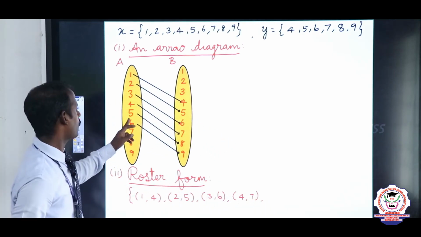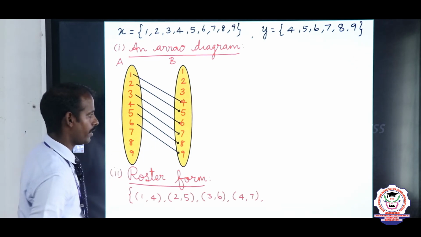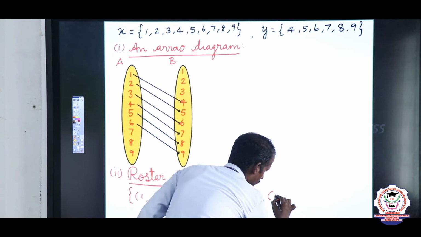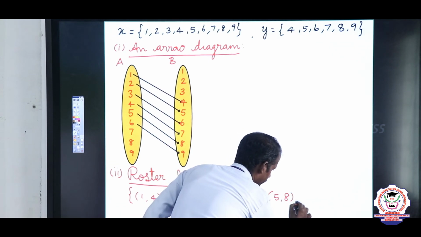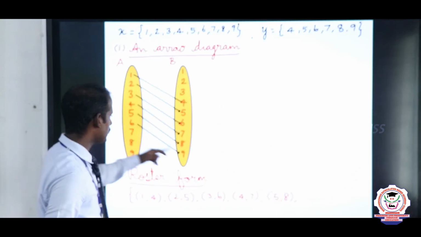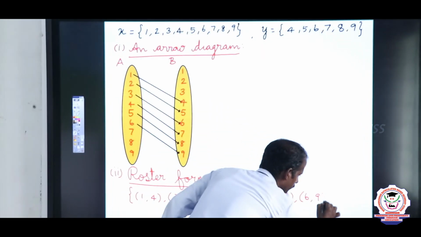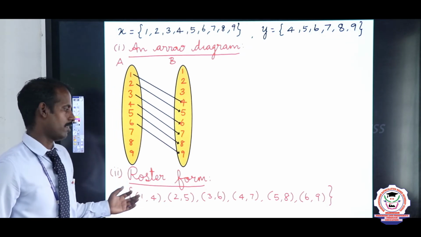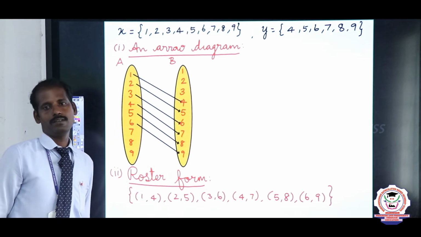Next 5 comma 8. Next element is 6 comma 9. This is roster form. So roster form is nothing but all the elements in the set, that is roster form.